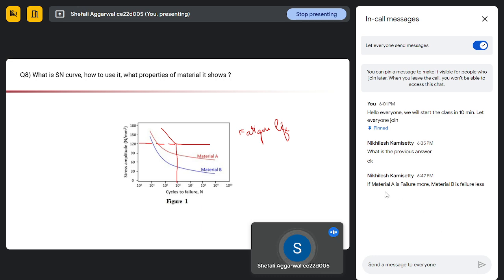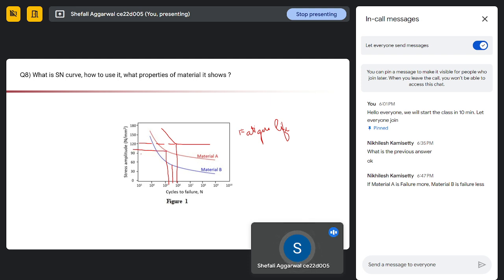If material A fails and material B has less failure. Okay, material A has more failure as compared to material B, you are trying to say. Material A has a higher failure rate. Okay, so it will fail before material B, right? Material A will fail at this cycle and material B is almost failing at this cycle.